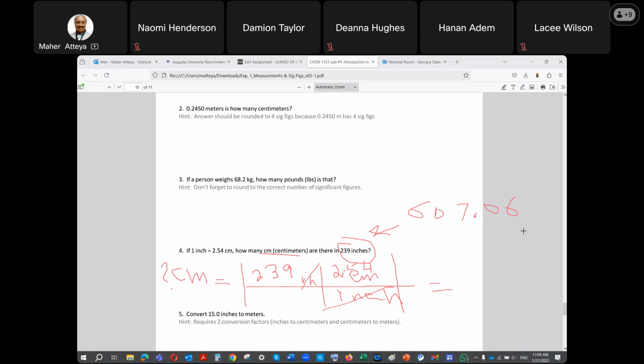So anyway, this one here, how many sig figs do we have? 3. What else is 3? Let's hear the rest of the answers. How many significant figures does this value have? 5. Is it 5? Why is it 5?